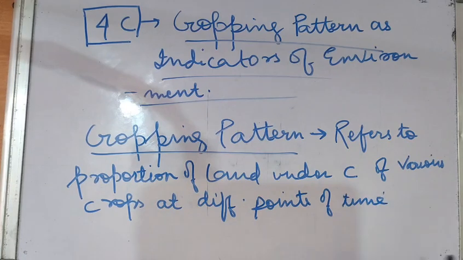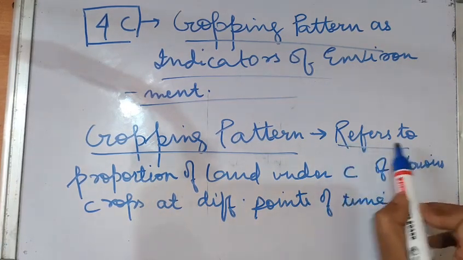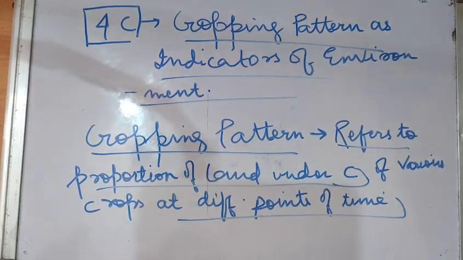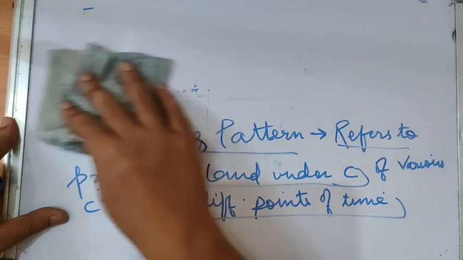That is, as we can see from here, it refers to proportion of land that is under cultivation at different points of time. So this is how you can define cropping pattern.